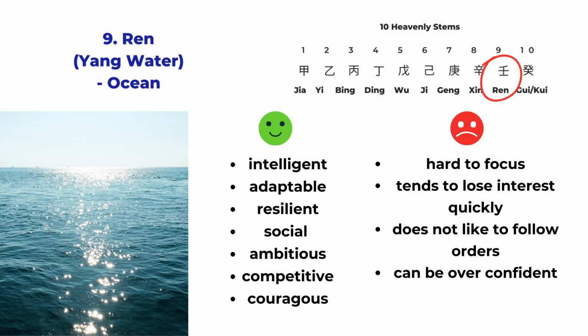And on the negative side, it's harder for you to focus on one thing, and you tend to lose interest quickly, so you have to work on long-term focusing and persistence. And you don't like to follow orders from other people, and you can be overly confident sometimes. So that's the positive and negative of the Ren.